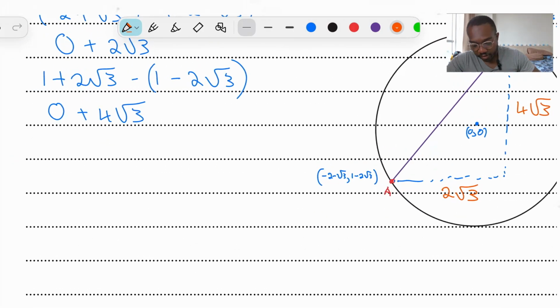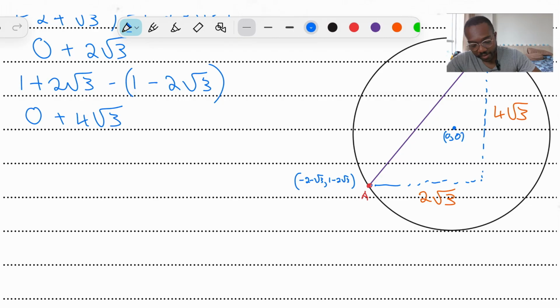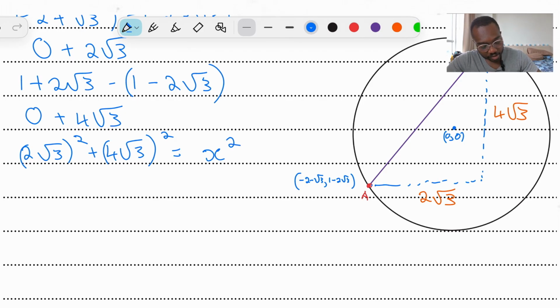Therefore, using Pythagoras' theorem to work out the length of the chord, it would simply be (2 root 3) squared plus (4 root 3) squared. And then that must be some value. Let's just call it x, it doesn't really matter. So x squared.